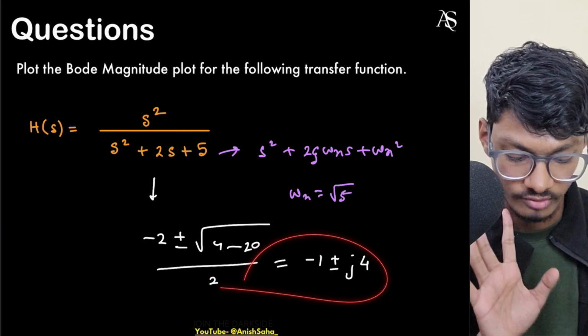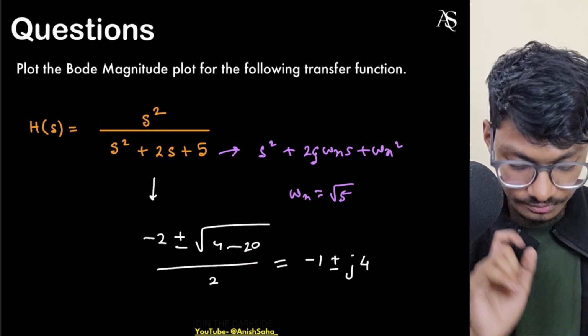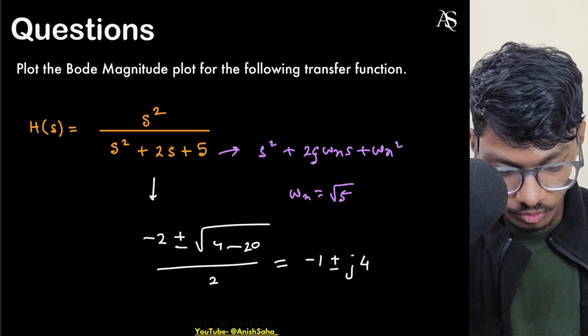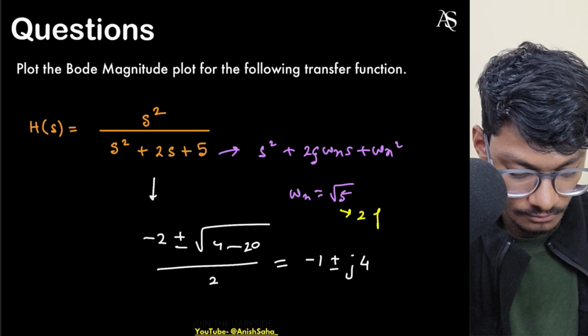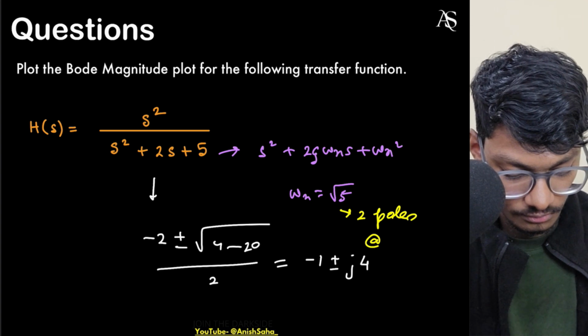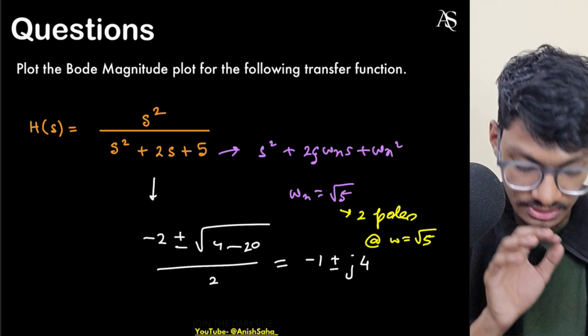Instead of this pole, I have a corner frequency at omega equals to under root 5. So I have two poles at that frequency. So two poles at this frequency, under root 5. So yeah, this is the first thing.